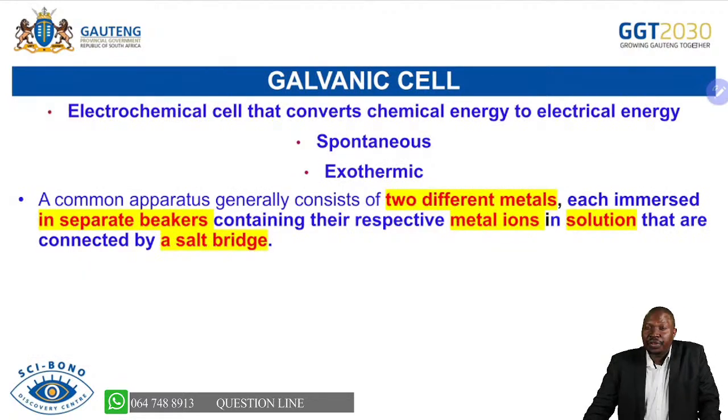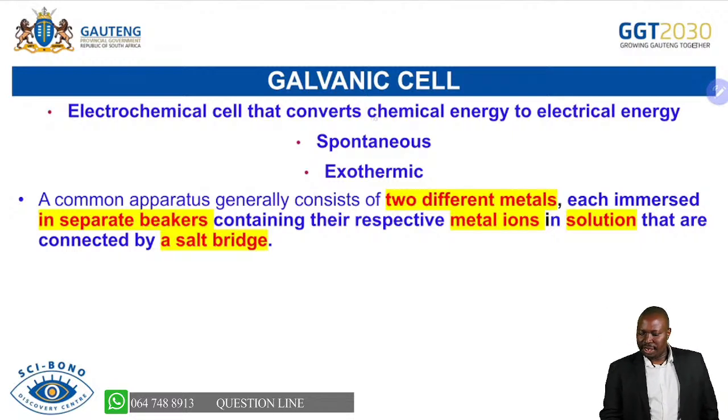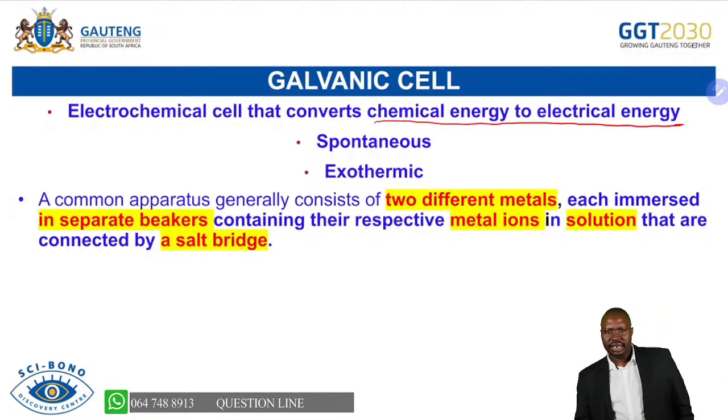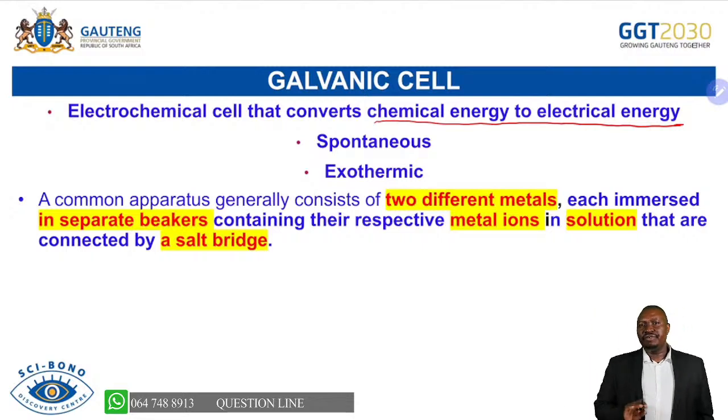Now, with no wasting of time, galvanic cell, which is your focus. This one converts, I told you already, chemical energy to electrical energy. So please, that's your 2 marks. You must know, define galvanic cell: you say it's a cell that converts chemical energy to electrical energy. And this cell is a very special cell because it's spontaneous.